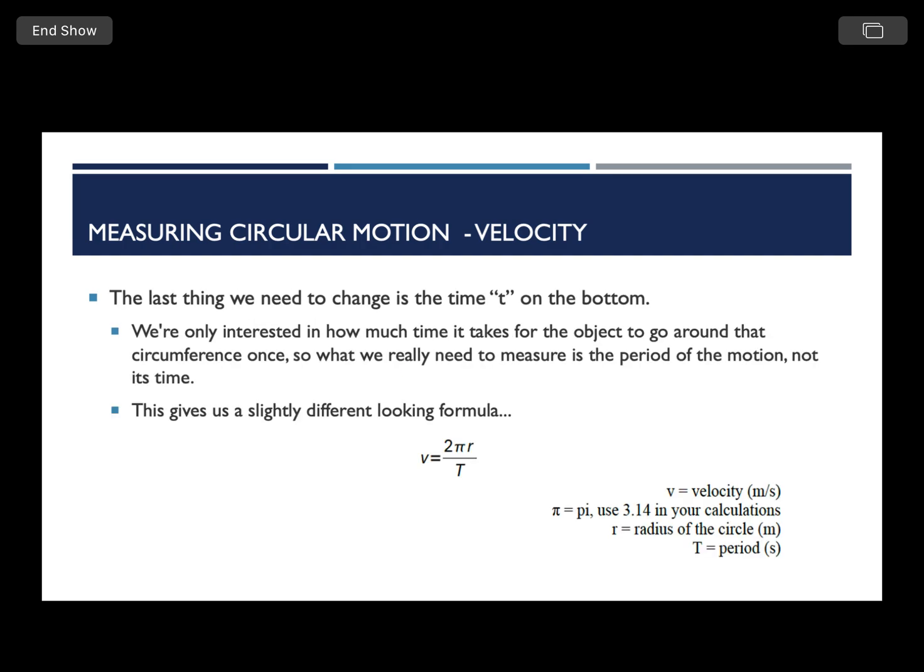However, because we're talking about time here, and we got 2 pi r, 2 pi r is the distance of one way around the circle, or one revolution. So instead, we should probably substitute in the period and go 2 pi r divided by the period. I would make sure that I know that equation.